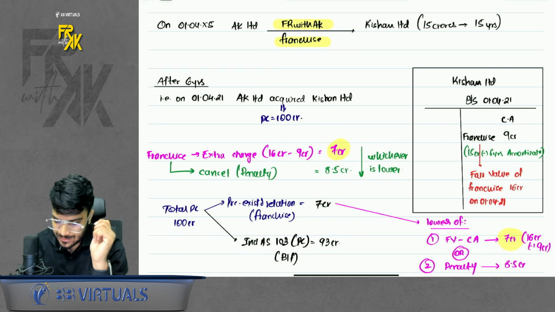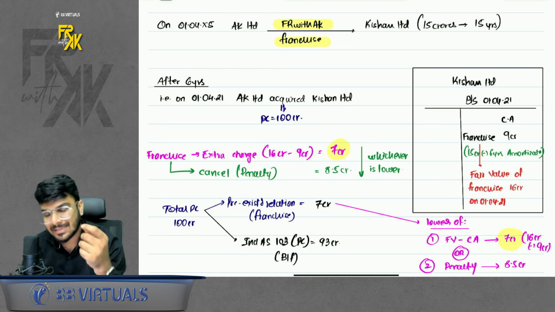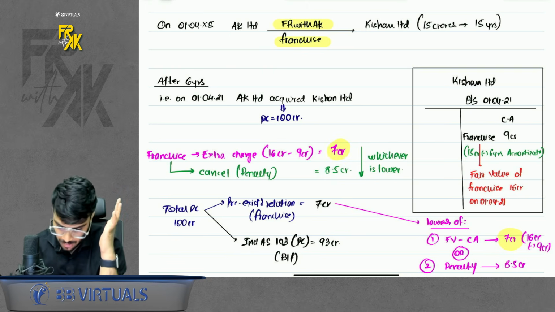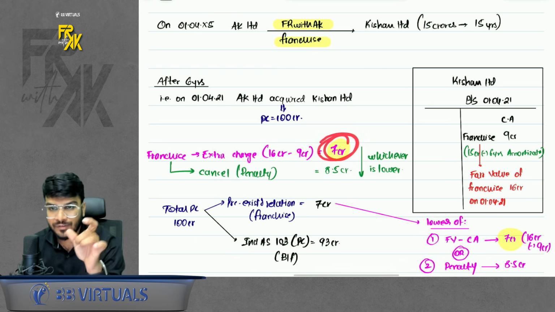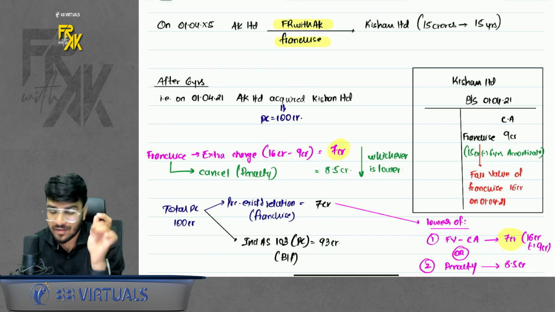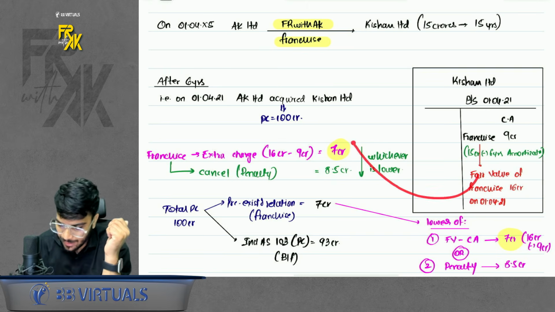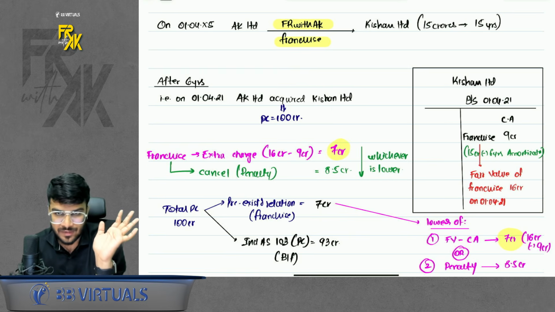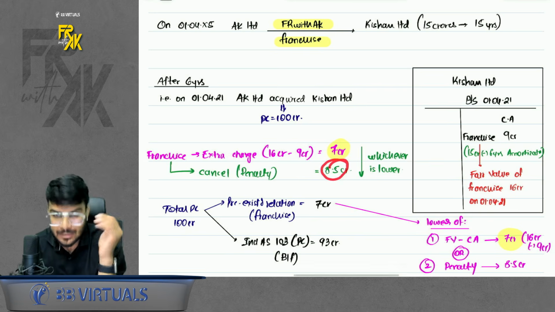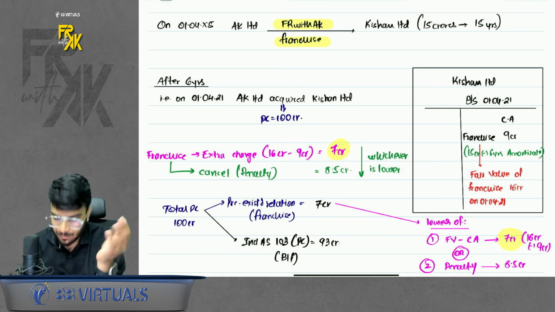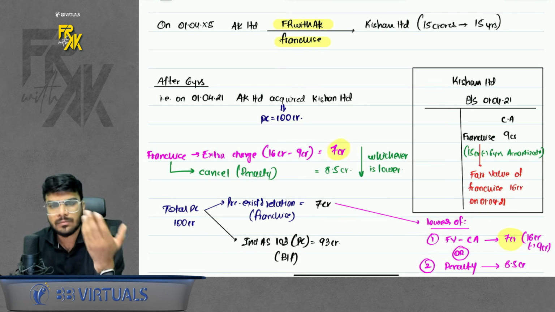So whatever is the excess value, we will assume that this is a settlement of old transaction. Okay, so either the excess amount, that is fair value minus carrying amount, or there is also one option that instead of reacquiring it, you can pay a penalty and cancel off the franchise agreement. So if the penalty is lower, you will feel like cancelling it, but if the excess amount is lower, you will pay the excess amount.